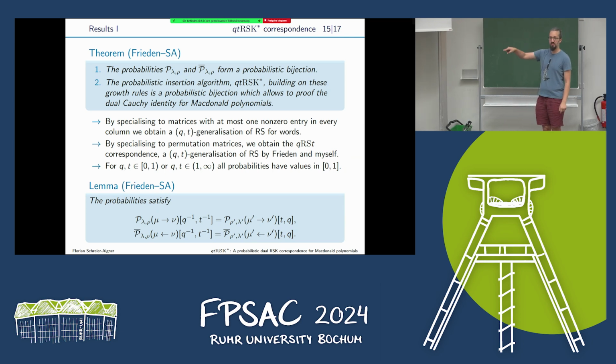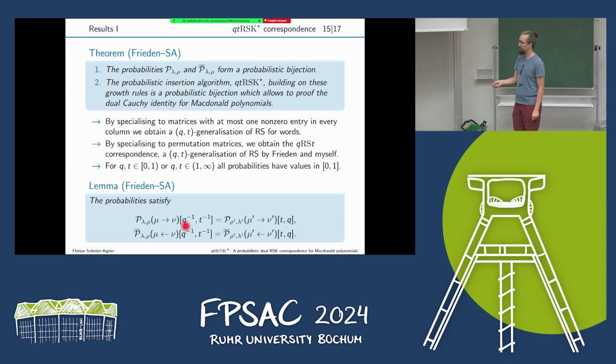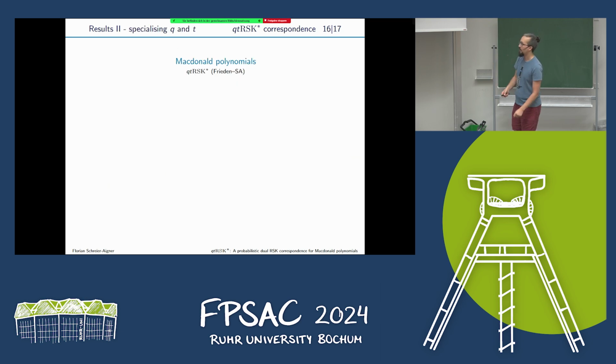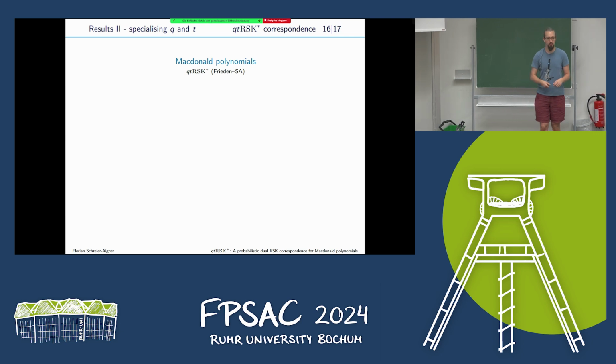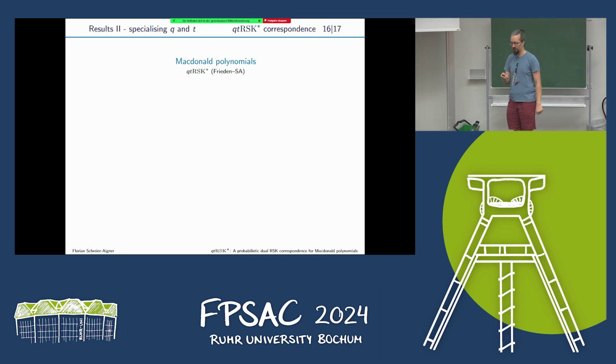And this can be seen very easily by this picture of the Quebecois notation. So if we're inverting Q and T, we obtain the very same probability as if you switch rho and lambda and conjugate every partition you see and switch q and t here. Okay. And now we can use this to get this kind of hierarchy of polynomials which are generalized by Macdonald polynomials.